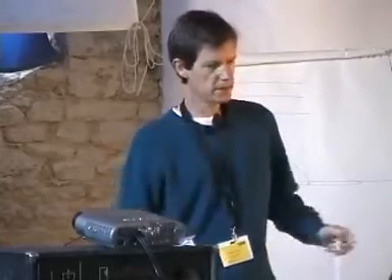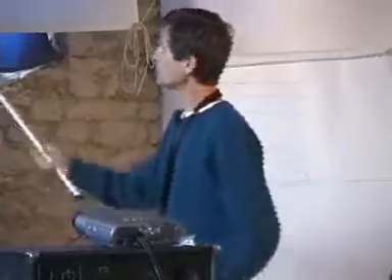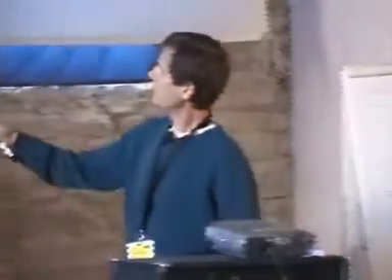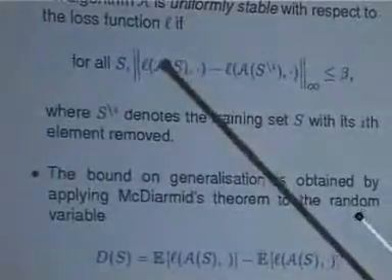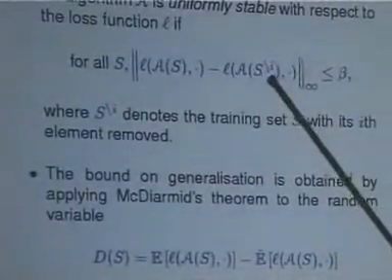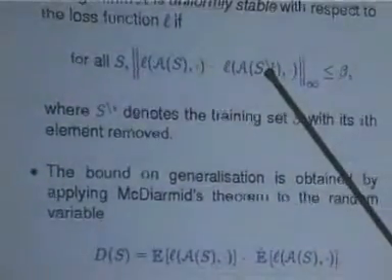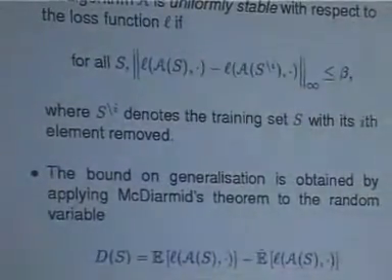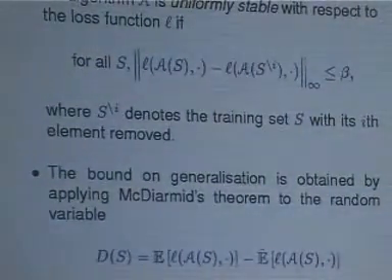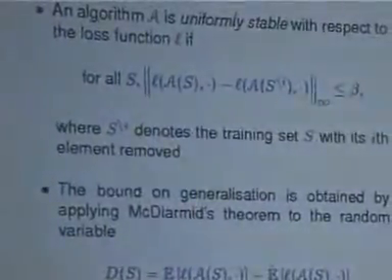This is actually looking at the particular algorithm, and it says it's uniformly stable with respect to a loss function L if this holds for all training samples S. We apply the algorithm to that sample, and we apply it to the sample with the ith element thrown away. That \i means that we remove the ith element. So it's a bit like doing leave one out.